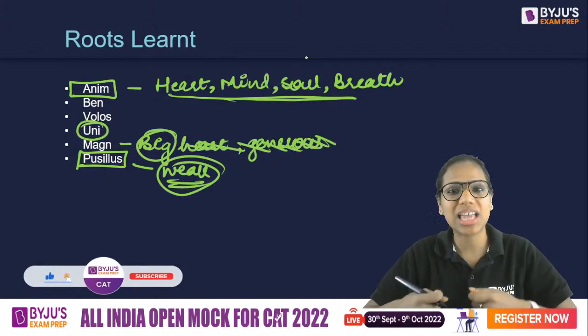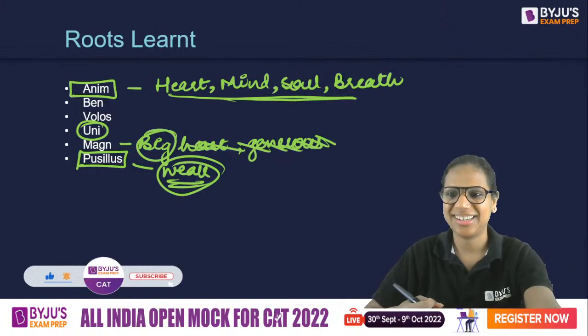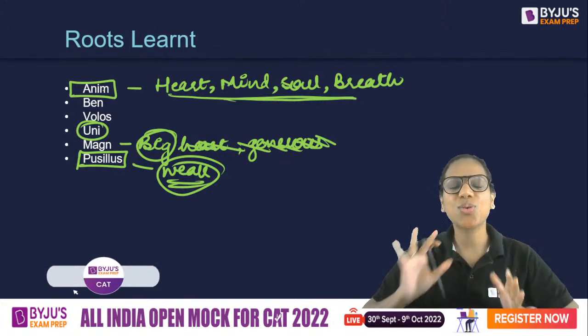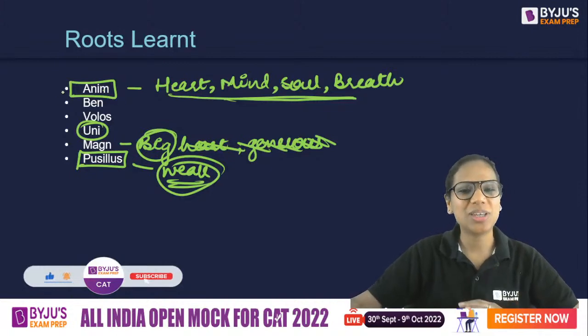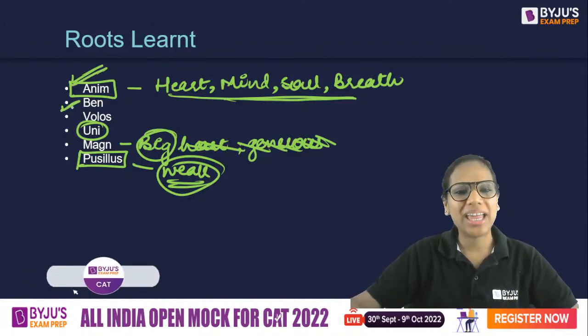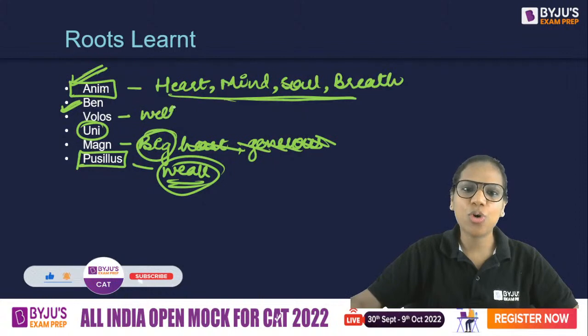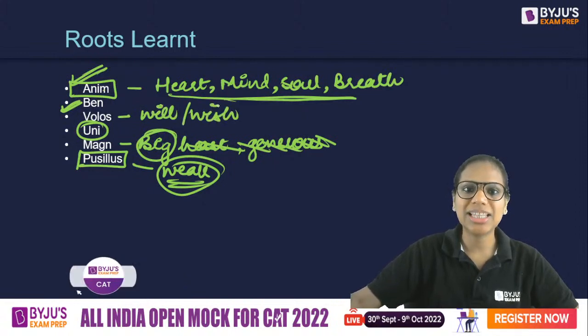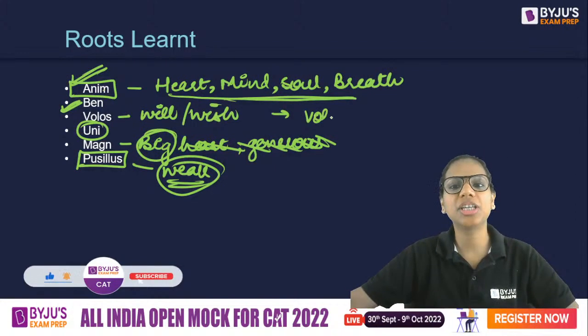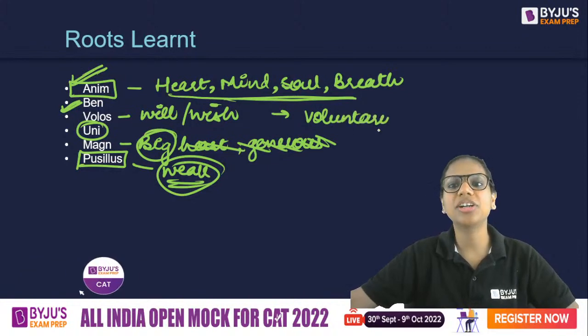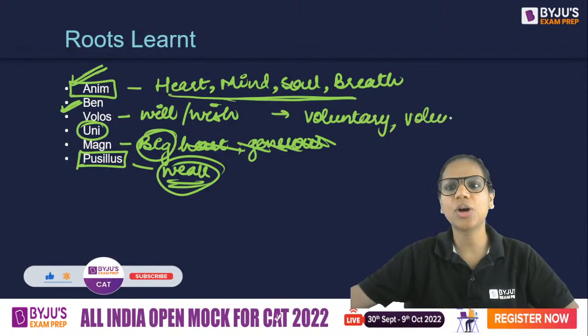That sort of hatred is animus towards someone. Okay? So we've learned so many roots here and so many words. Anim, ben, volos means will or wish. That is why you do voluntary work or you volunteer somewhere. You do it out of your own wish.